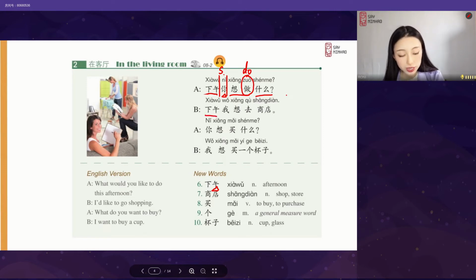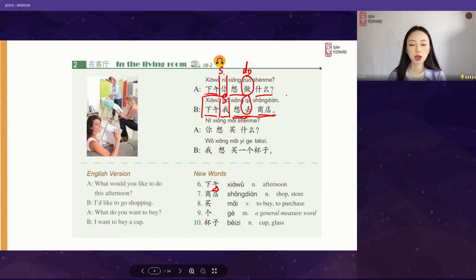And the answer, 下午, time word again at the beginning of the sentence. 我想去商店. 我, me, the subject of the sentence, want to do what: 想去商店, to go to the shop. 商店, shop.